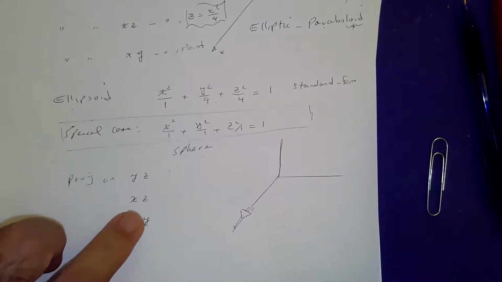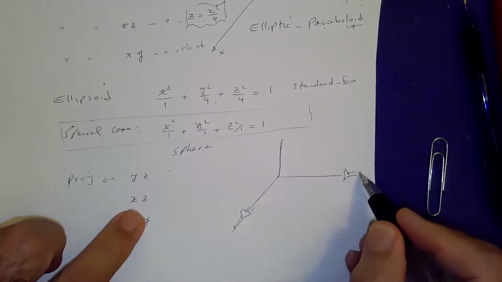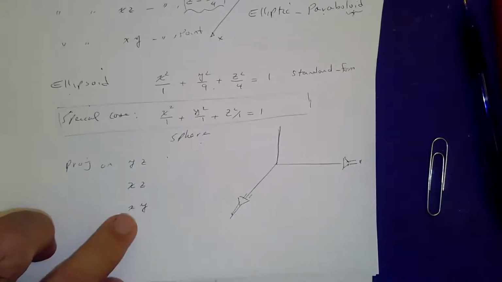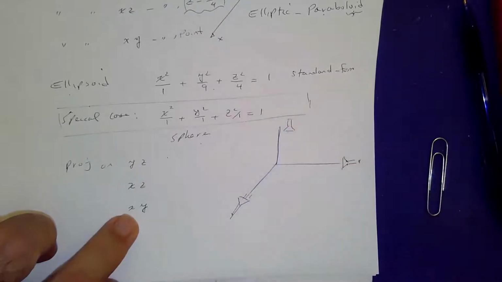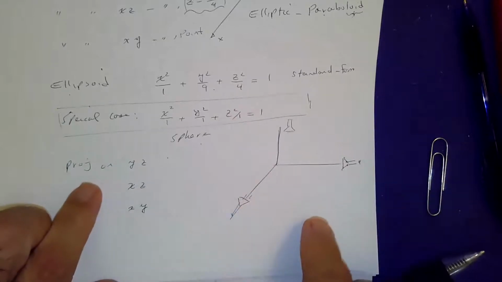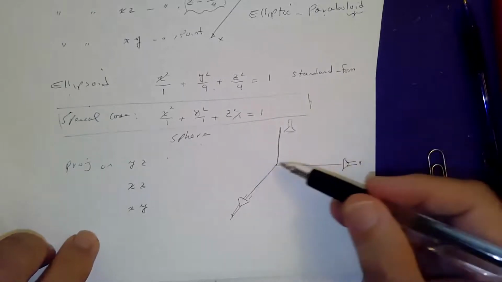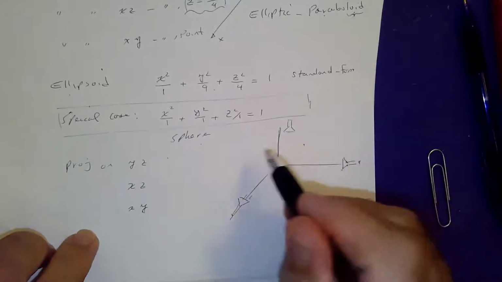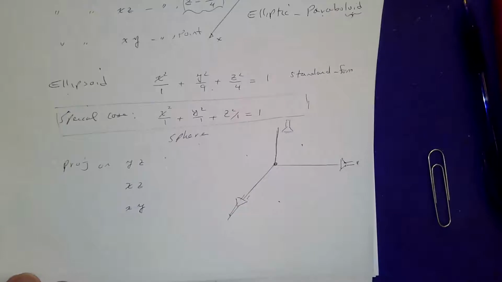If I say what is the projection of the surface on the XZ plane, you're shining the light through the y-axis. And when I say what's the projection of the surface on the XY plane, you would shine the light through the z-axis so you can see the shadow on the floor. In layman's terms, it means if you shine a light, how would the shadow look on this wall and the floor? Remember, this is the corner of the room.